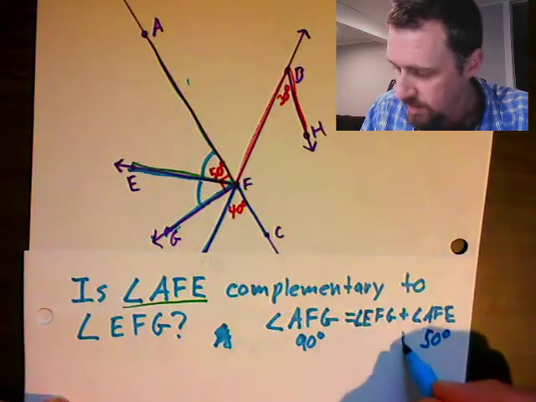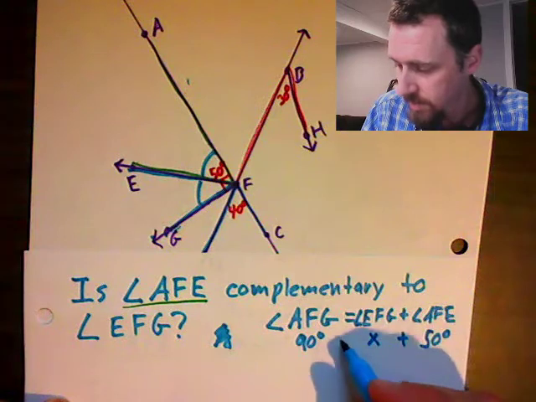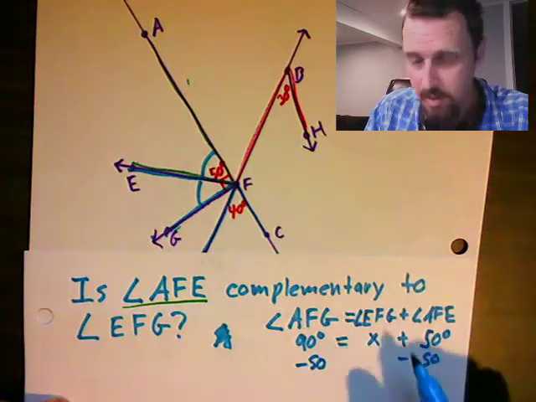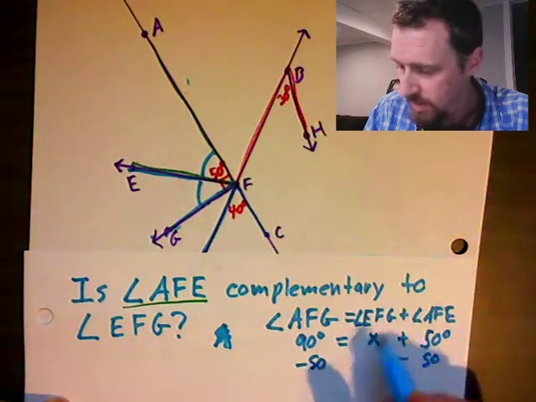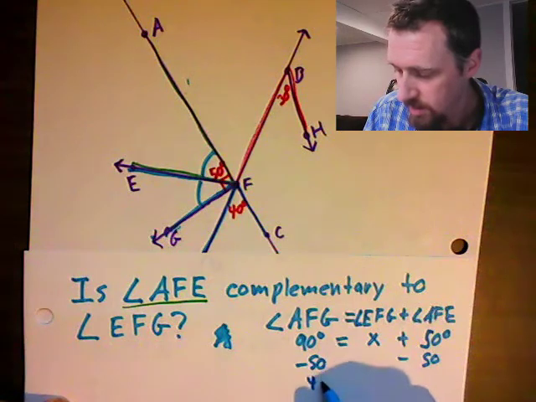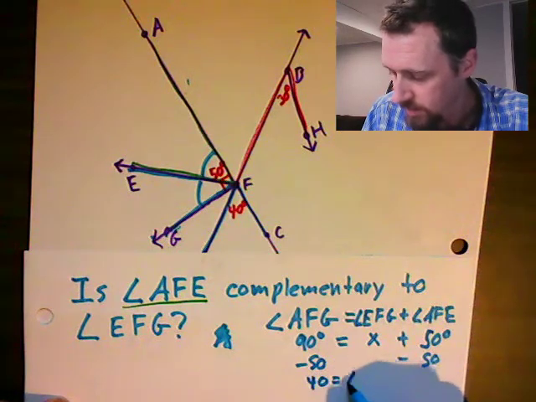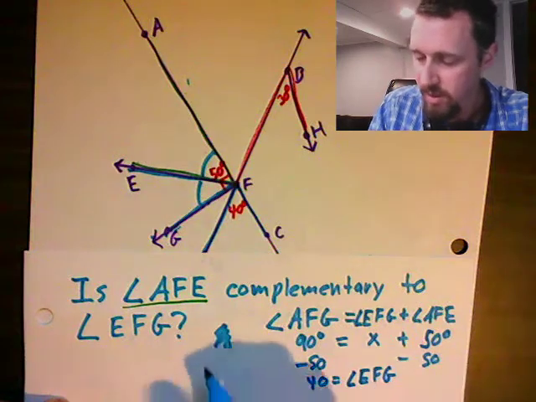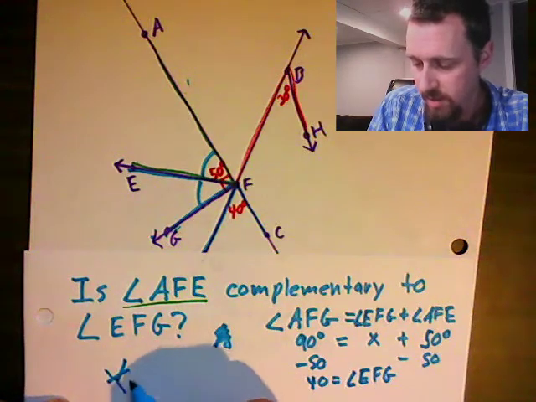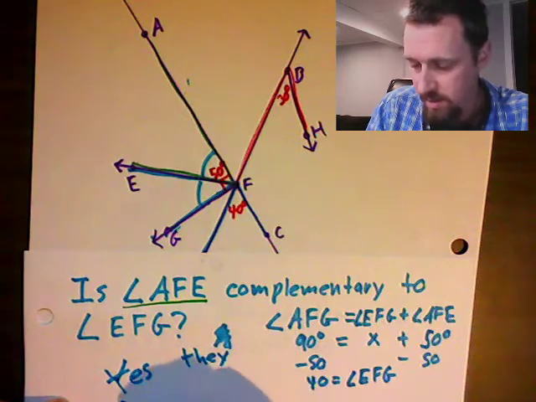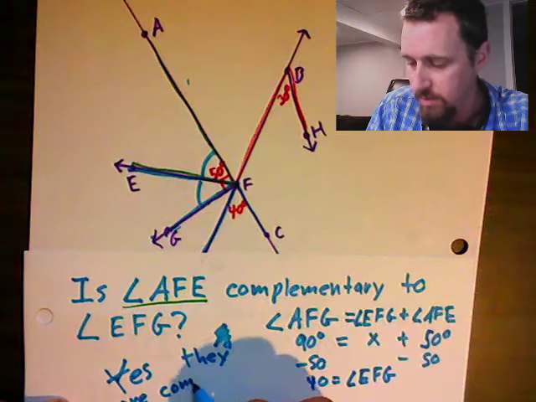So we'll go 90 minus 50, and we will figure out that angle EFG is actually 40. And those two angles are complementary. So yes, they are complementary.